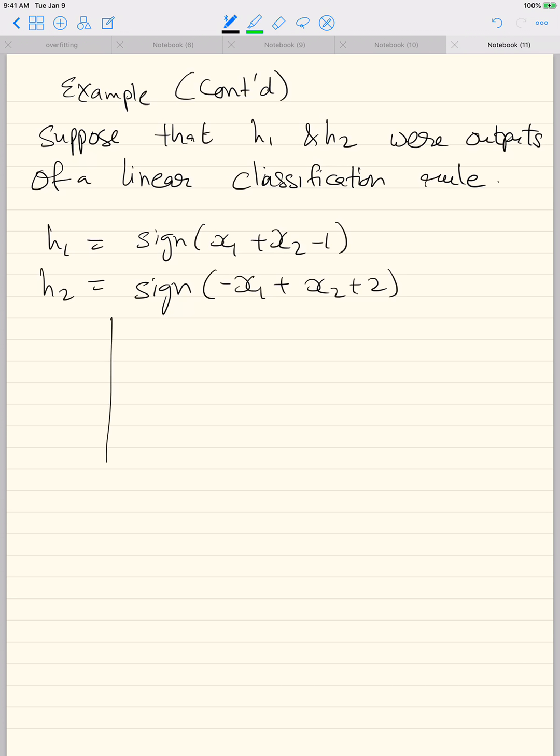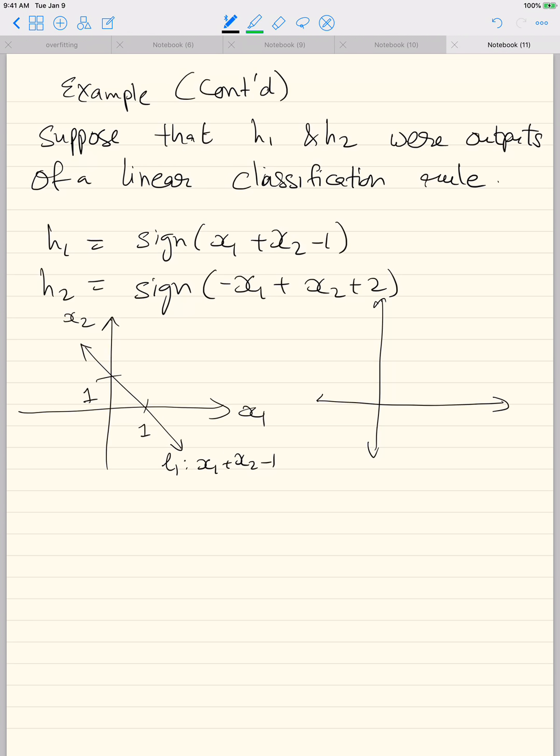So there are two lines. The input vector is again two-dimensional, x1 and x2, and we have a line that looks like this, and the other line looks like this.